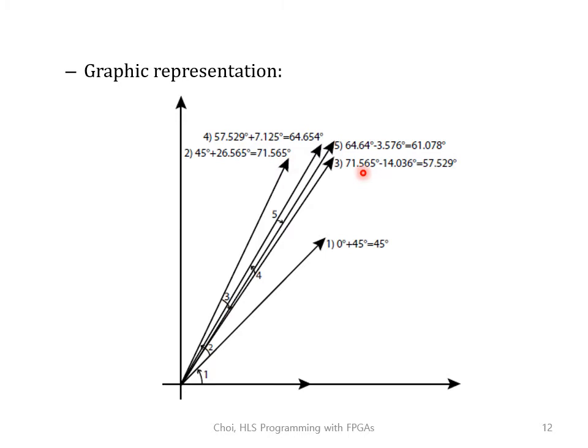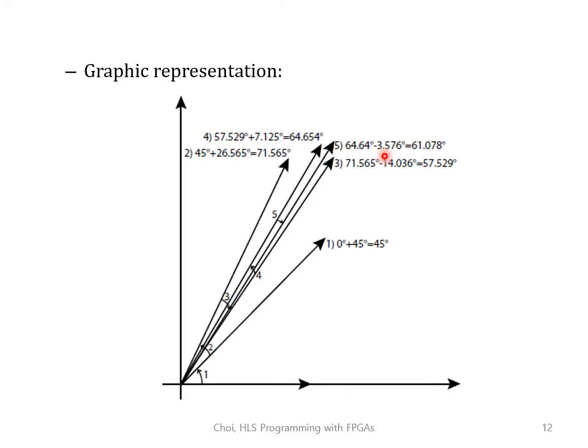So in the third iteration, we go in a negative angle of minus 14.036 and change the value of sigma to minus 1. After the third iteration, it is now less than 60 degrees. So in the fourth iteration, we go in a positive angle to 64.654 degrees. And in the fifth iteration, we are over the target angle. So once again, we go in the negative direction.